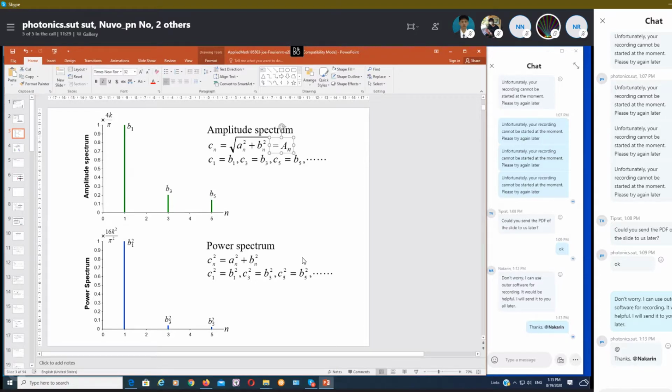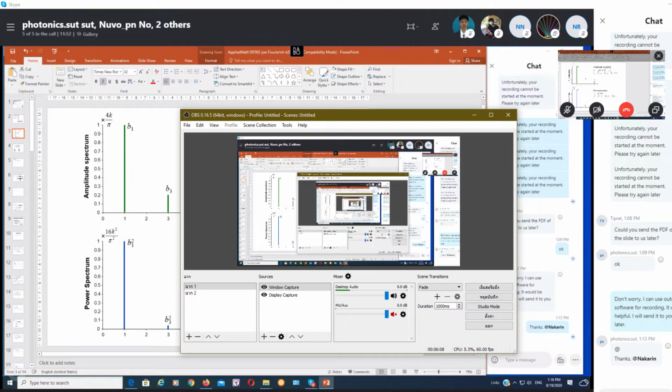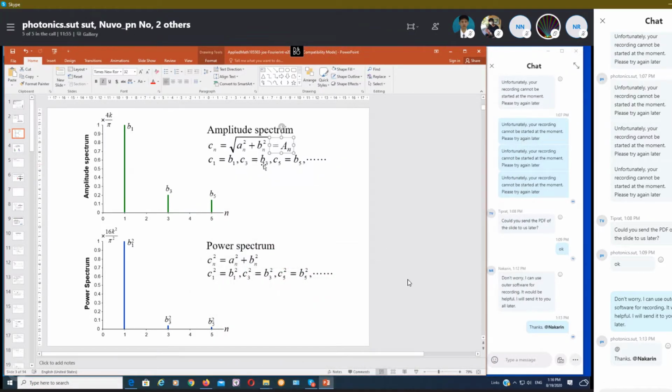Following the previous example, when we have a periodic odd square wave function, then as last time our An is equal to 0. You have only Bn. So it means that C1 is equal to B1, C3 equal to B3, C5 equal to B5. When we plot, you will get the same thing as the previous discussion.